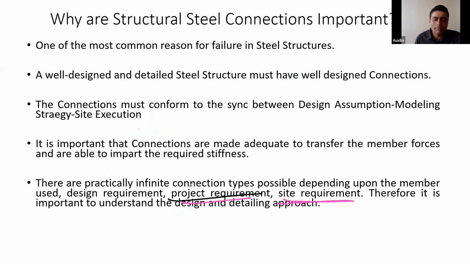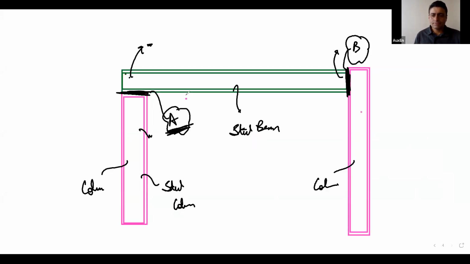Okay. By the way, which is better in your view? Which of these two is a better connection, A or B? Hello, A or B, which is better? Many of you are saying A. Why is A better?